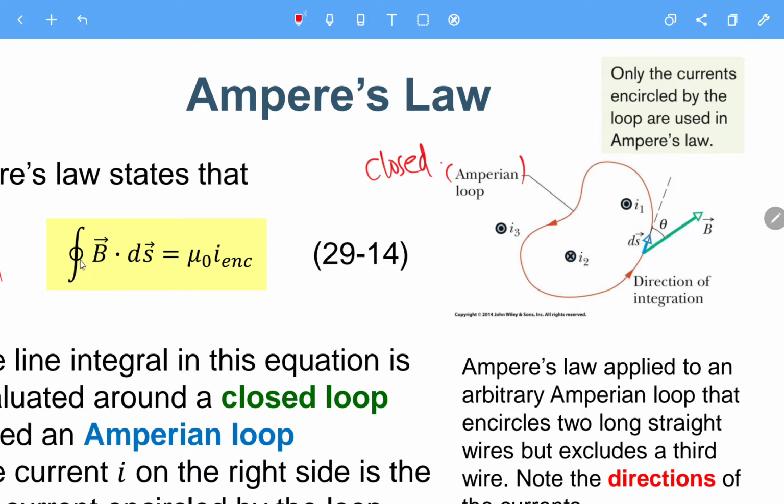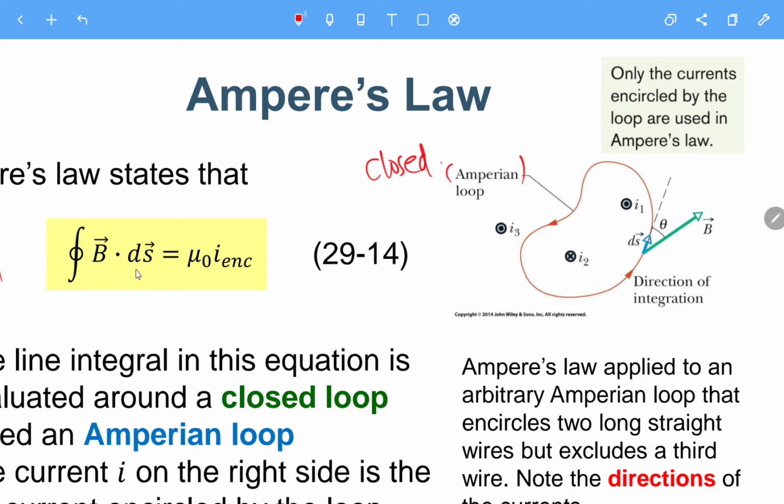Similar to the Gauss law, which has the surface integration for the closed surface or Gaussian surface, here we have a line integral for the closed contour, or closed curved line. We draw a circle on the integral sign to show it is a closed line integral.